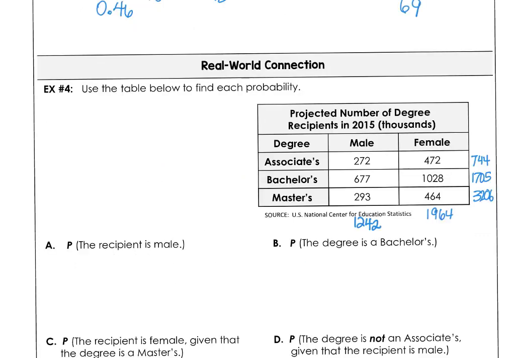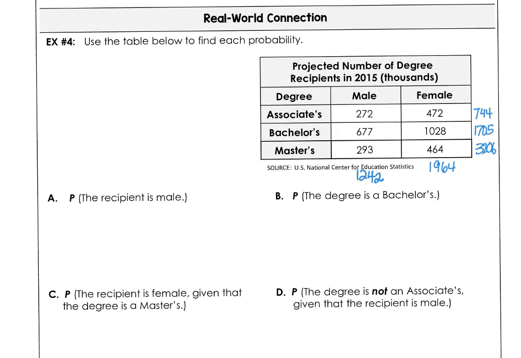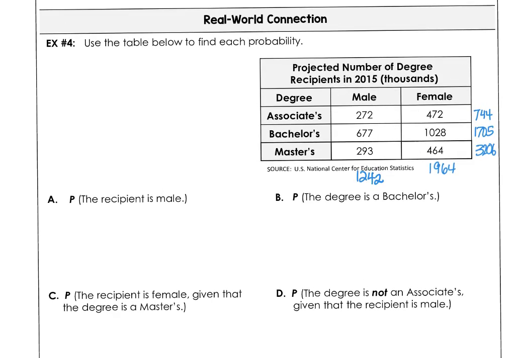To save a little time, I've already added my rows and columns in each category here. We're looking at the projected number of degree recipients from 2015. And we want to know the probability that the recipient is a male. So in the male column, we see we have 1,242 people, but how many people were surveyed?